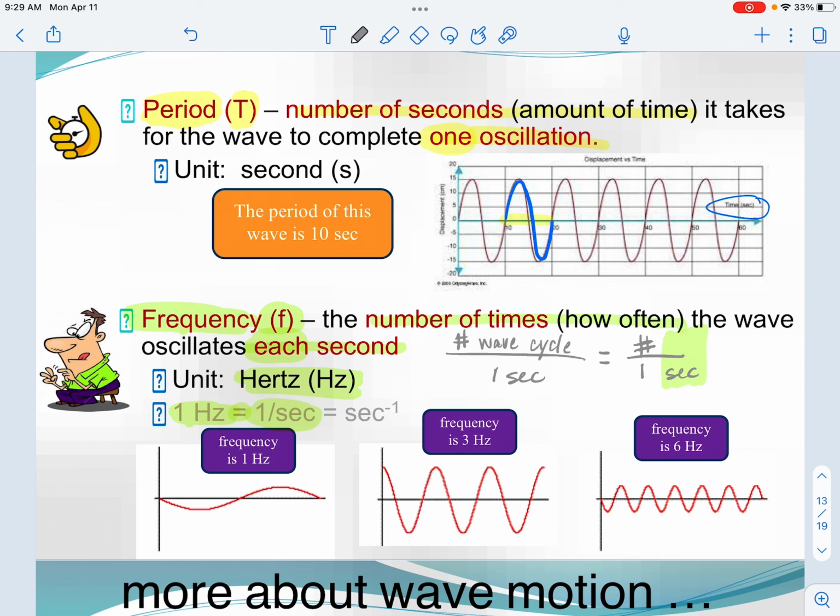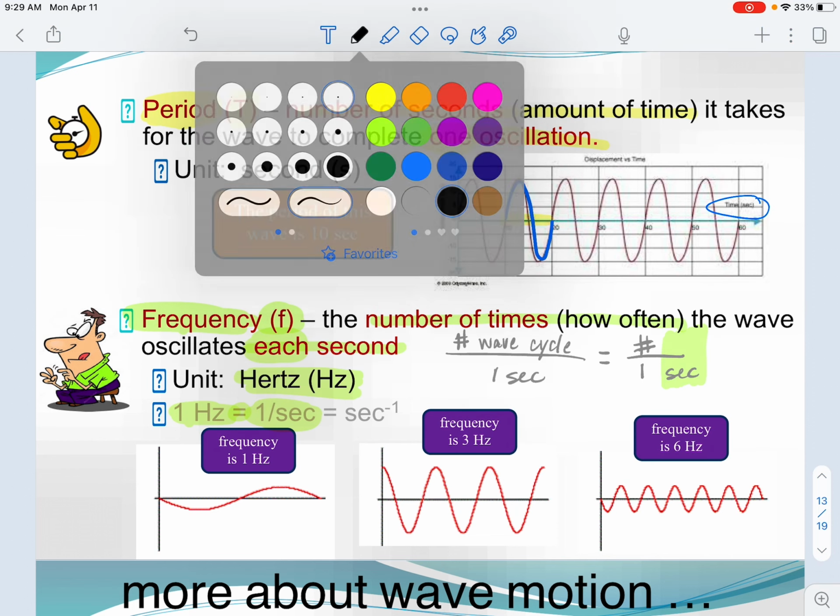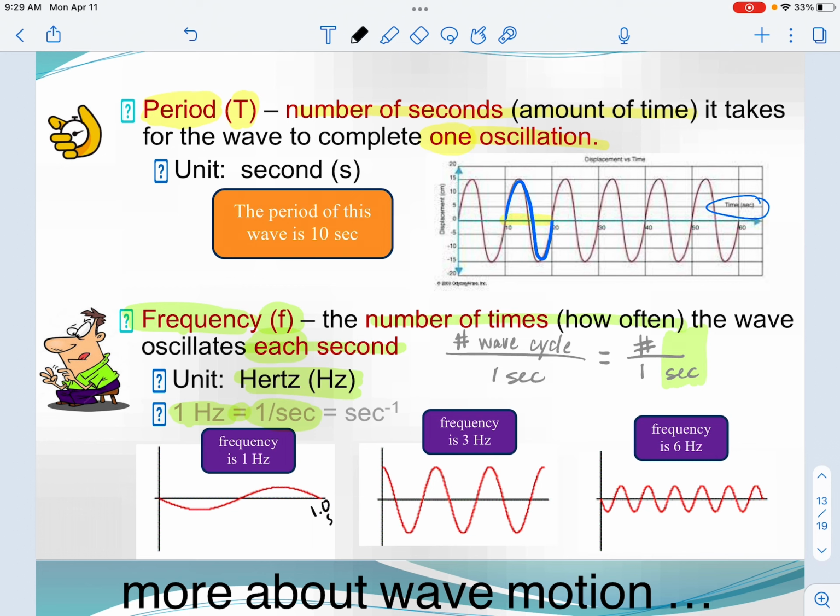If we look at the examples here, if we pretend that each of these graphs gives me 1 second of time along the x-axis, they are showing us visually that my frequency has increased because you can see I have fit more waves inside of that 1 second.